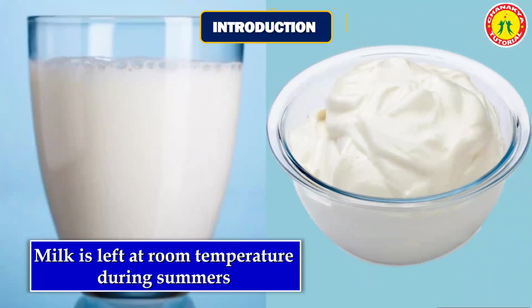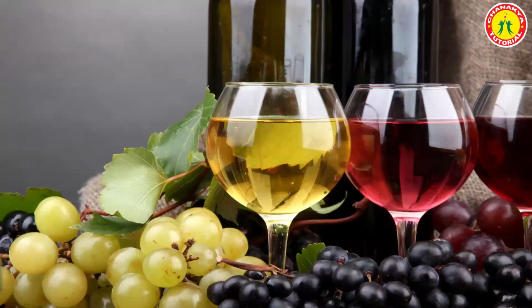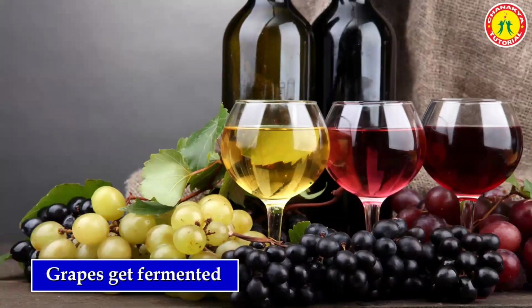For example, if milk is left at room temperature, it turns into curd. A pan which is left exposed in the atmosphere rusts. We make wine from grapes through the method of fermentation.